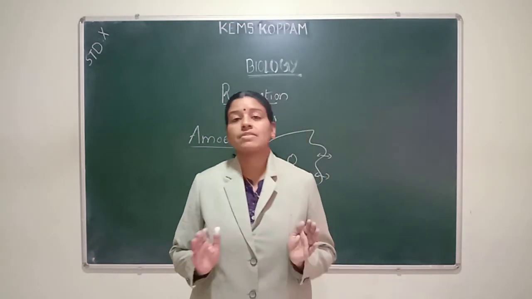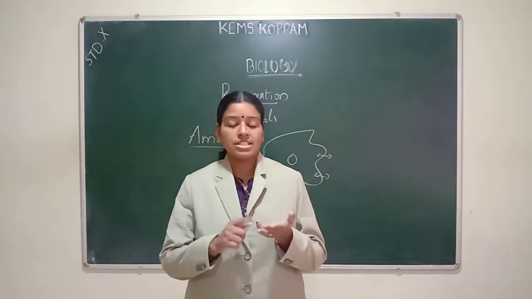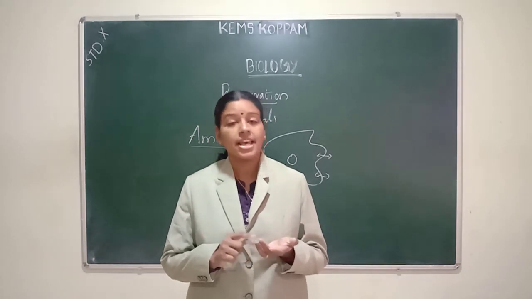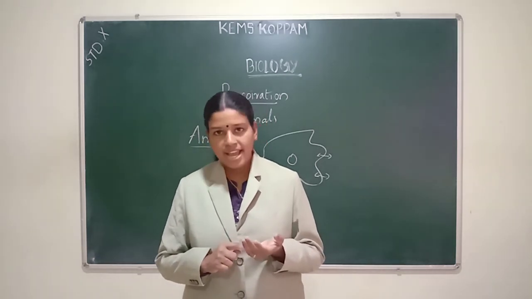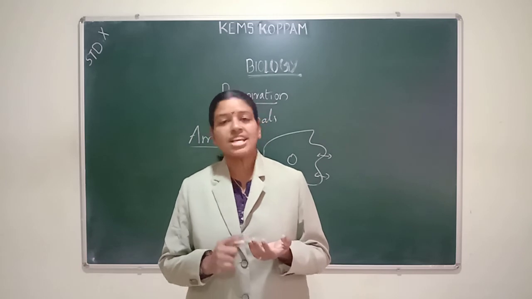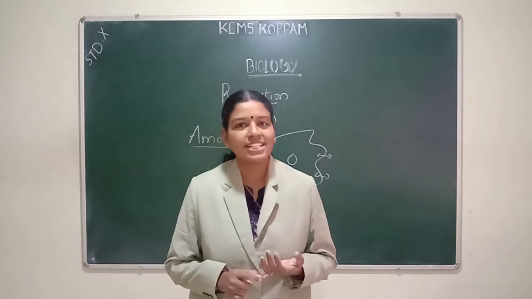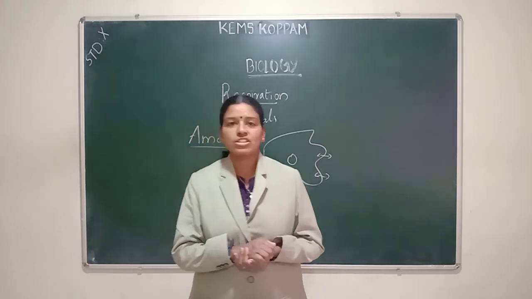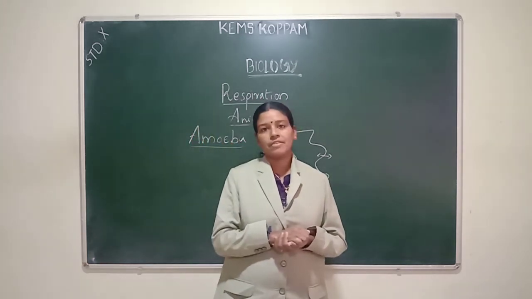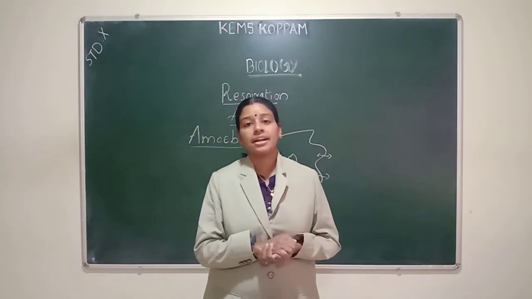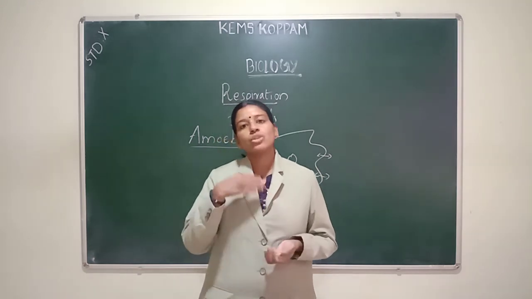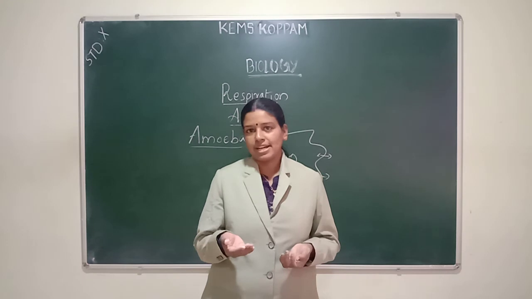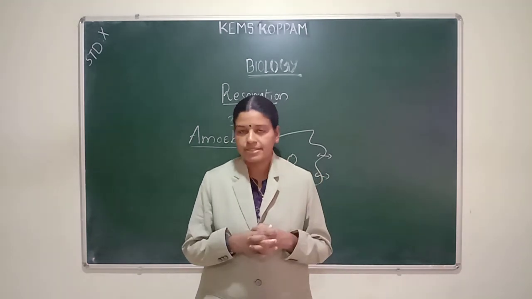So what all things have we studied in this class? First one, respiration in plants. How will this take place? In case of plants, they have leaves. Stomata. What is stomata? Minute pores present on the leaf surface. And also in green stem. If it is a very small plant like herbs or shrubs, through the stem. By stomata, exchange of gases takes place.